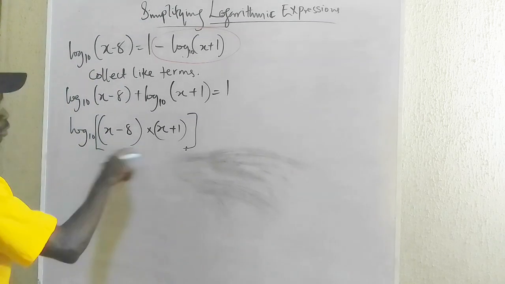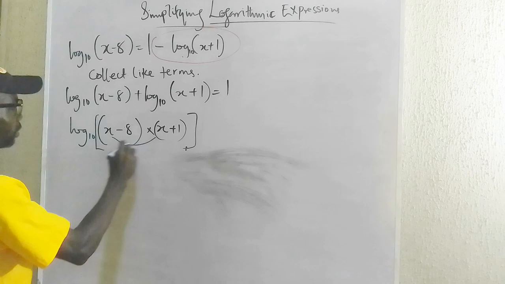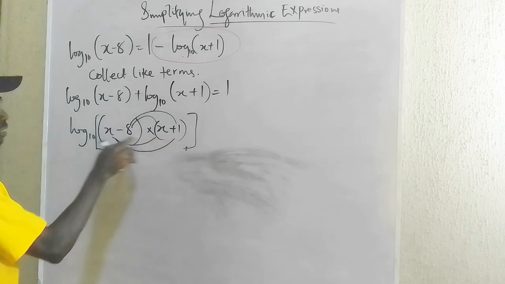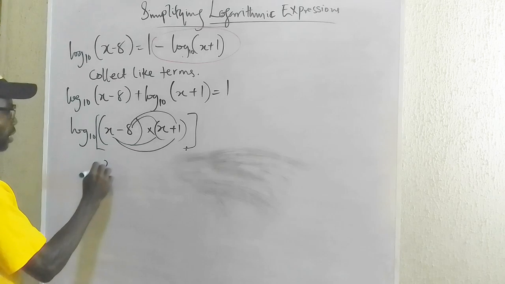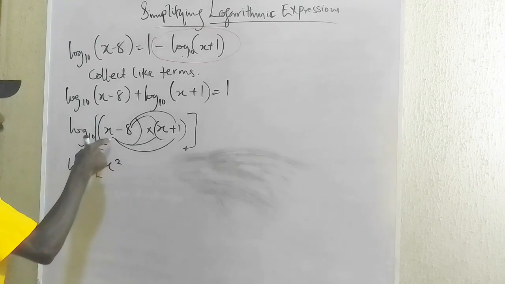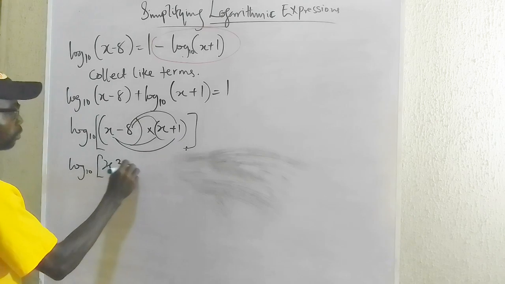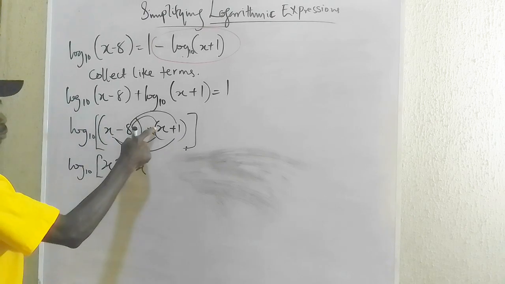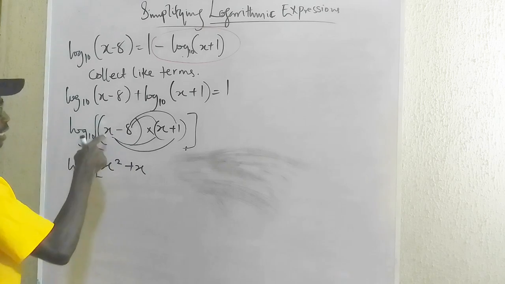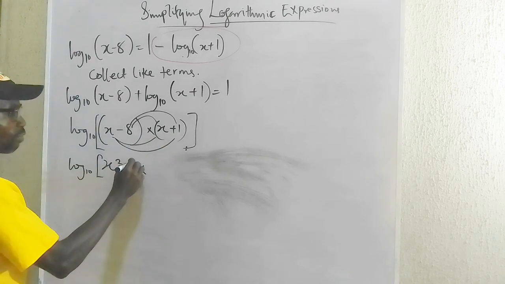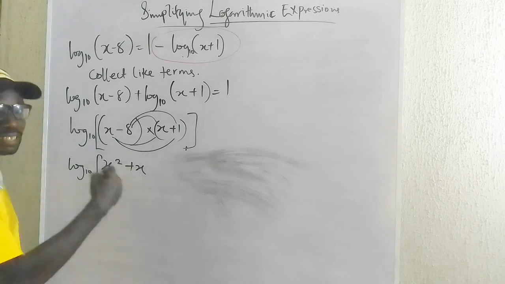So in other words, we open the bracket, we multiply this, and then this. So x times x will give us x squared, and then x times 1 will give us x. Remember, plus times plus is plus, so we actually have 1x, which is the same thing as x.